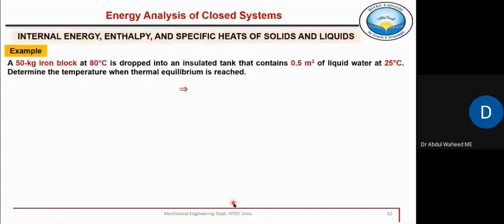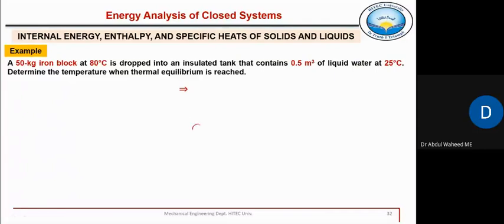50 kilogram iron block at 80 degrees Celsius is dropped into an insulated tank that contains 0.5 meter cubes of liquid water. So let's draw its schematic diagram.